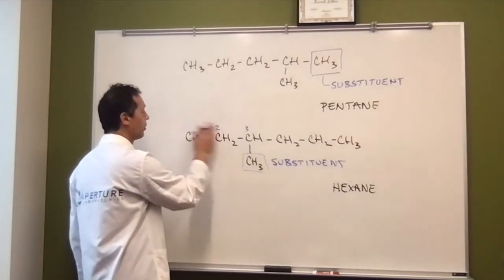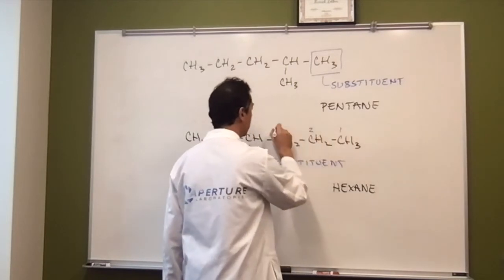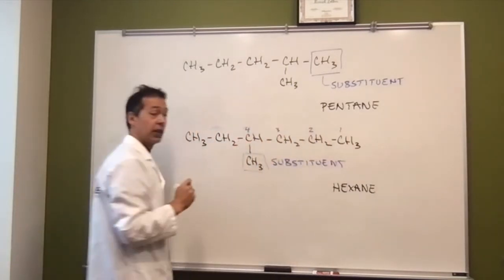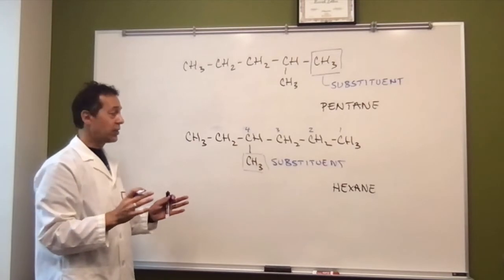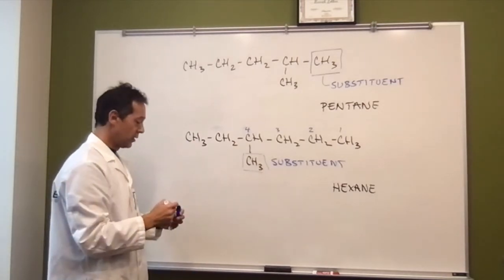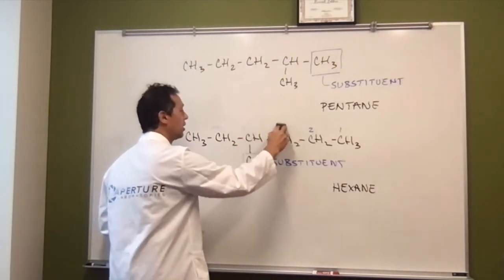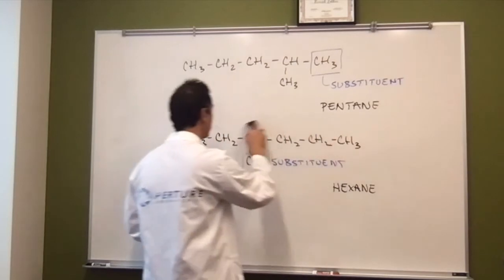Or what if I started on the other side? I could go 1, 2, 3, 4, like that. Whichever way I number these, I want this substituent to have the smallest possible number. So I'm going to go back to the first way of doing that, and I'm going to number these here.